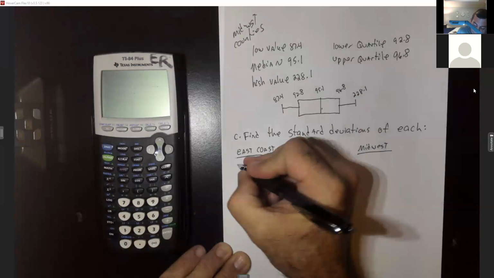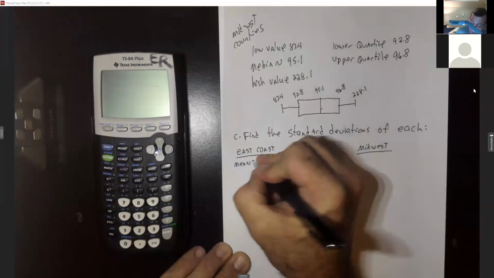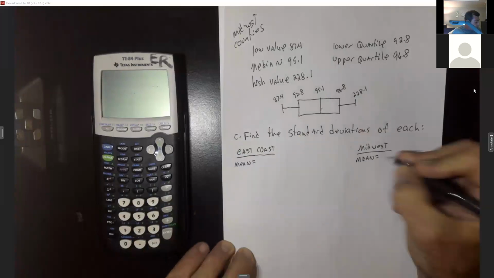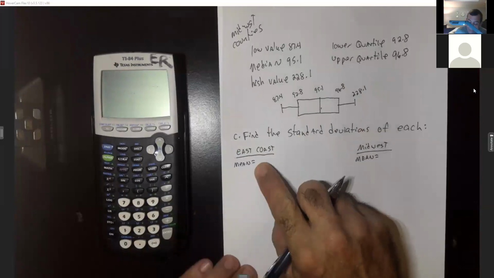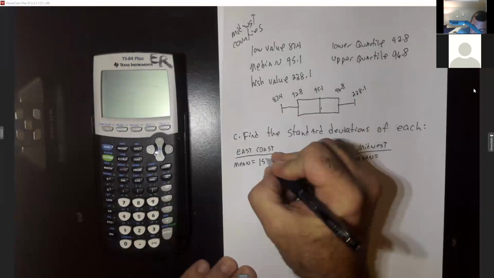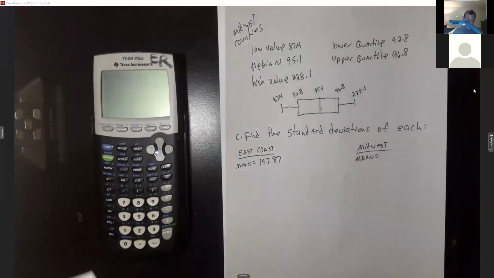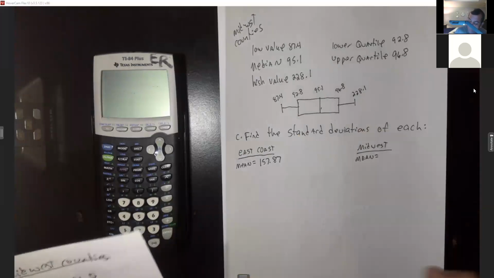We know the mean of each of these because we found it a while ago. The mean of East Coast we said was 157.87. The mean of Midwest was 115.83.